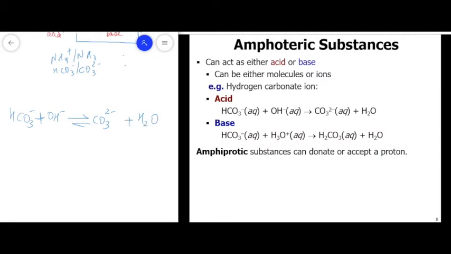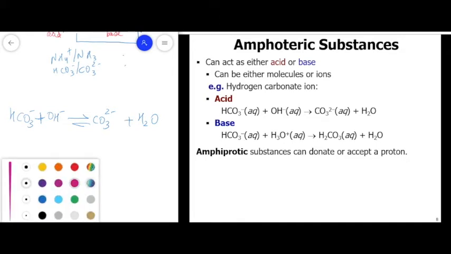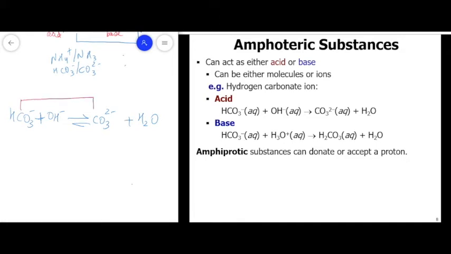So in this case, let's define if this is an acid or a base. We know that HCO3 minus right here has changed into CO3 2 minus. That is its product. So what happened here is that it donated one of the protons, right? So this donated a proton to OH minus, which changed OH minus to water, and this changed into CO3 2 minus. So this has donated the proton, and that makes this an acid.